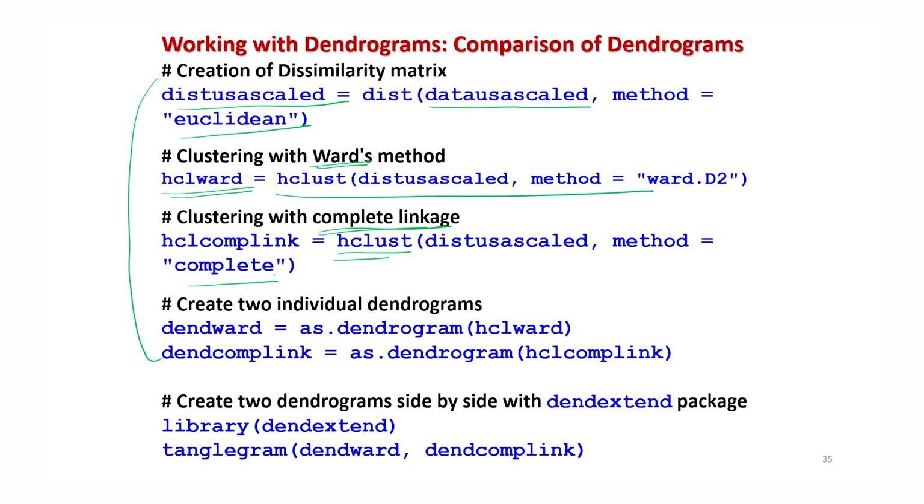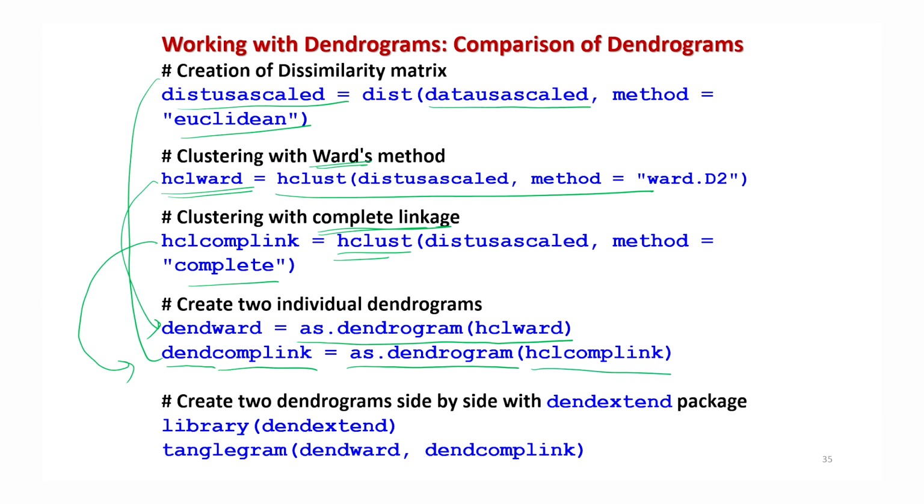And now I create dend ward as dot dendrogram SCL ward. This I have to do so that I can put 2 dendrograms together. And for the second one, SCL comp link, I create a similar dendrogram, dend comp link, which is equal to as dot dendrogram and the name of this variable, right?